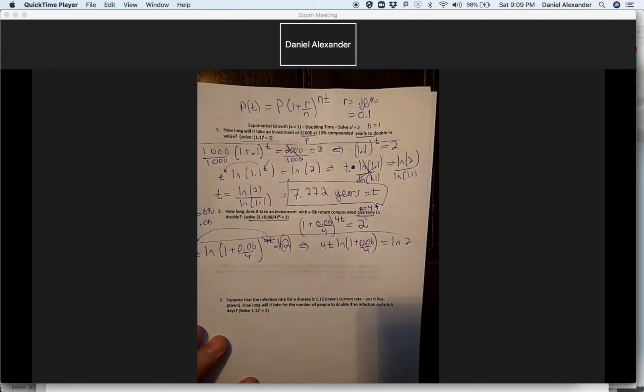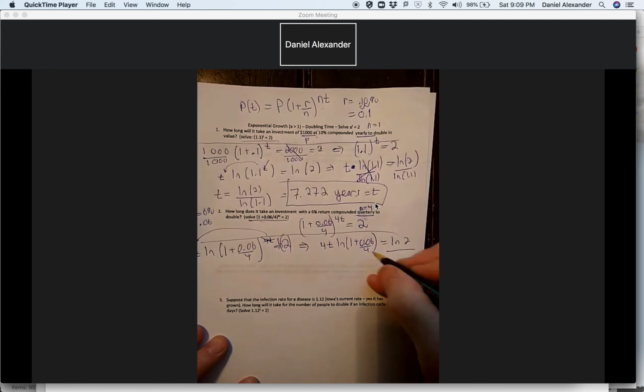Okay. So again, I want to get rid of this and this, so I divide each side by 4 and each side by this quantity, natural log of 1 plus 0.06 divided by 4. The 4's cancel, that cancels.